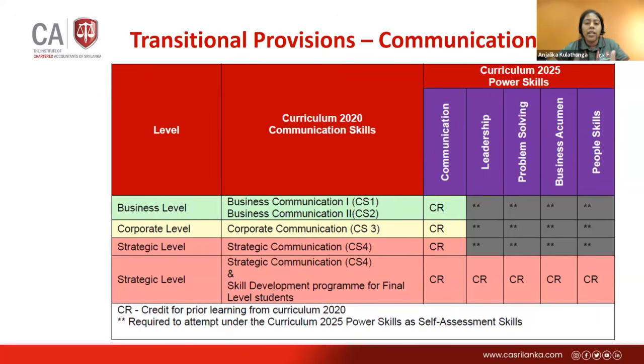Even though you are exempted from the communication skill module, we are giving you the materials to refer to and apply that knowledge. Since you are exempted, we are not going to count your online LMS quiz completion for that communication skill module.